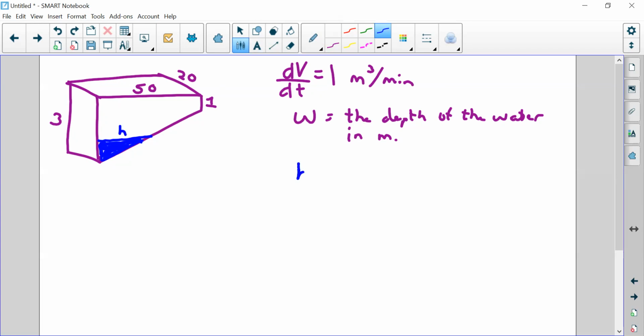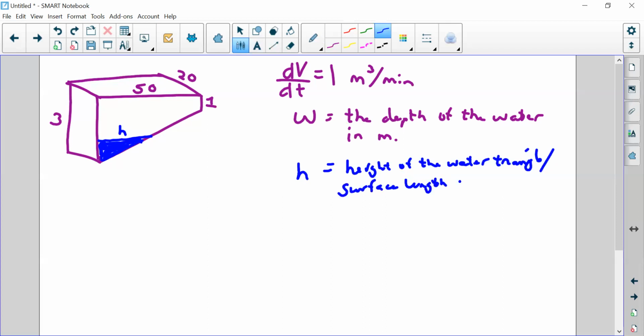So we're going to let H equal the height of the triangle of the water, or you can say this is the surface length of water in the pool. And this is also in meters.